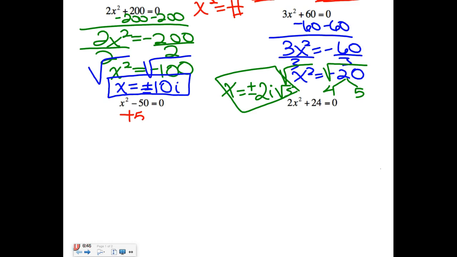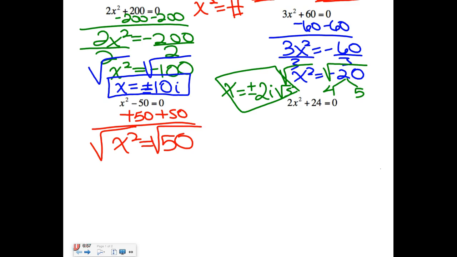I'm going to add 50 to both sides. I'm going to take x squared equals positive 50, and then to get rid of our square, we're going to square root. Now I'm purposely putting this problem here because what starts happening is you guys get into these habits of like, well, I'm putting i's on everything. This one, I'm square rooting a positive. So this one, because I have a positive, there's going to be no i.